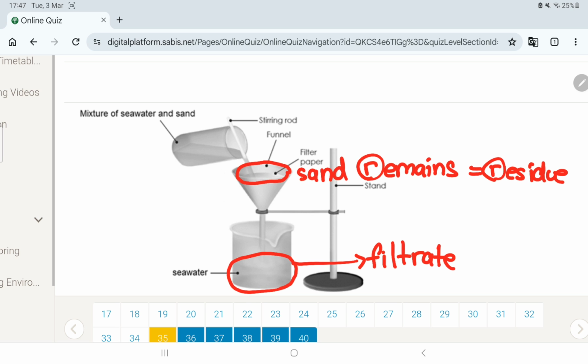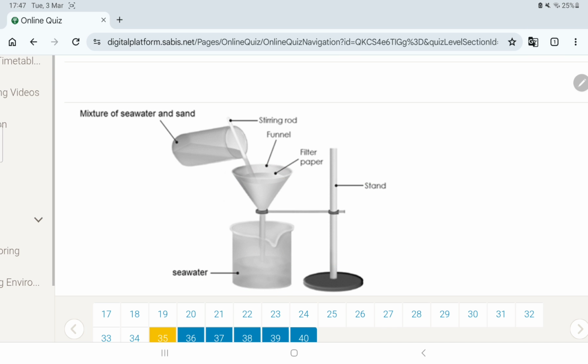Okay? So, once again, the seawater that passed is called the filtrate, and the sand that remains is called the residue.